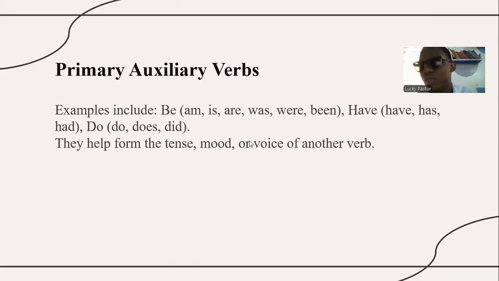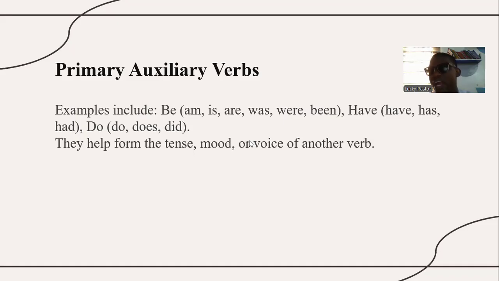And we use these verbs to support the main verbs in a sentence, okay? Now, basically, these primary auxiliary verbs help form the tense, mood, or voice of another verb, right? Take note of this, that they help form the voice, mood, or tense of another verb. For instance, if I say, I come to your house, and I said, I have come to your house, it shows present tense, right?